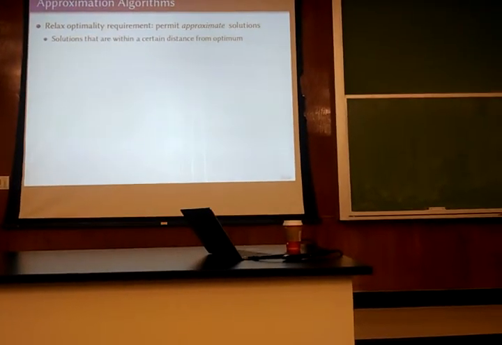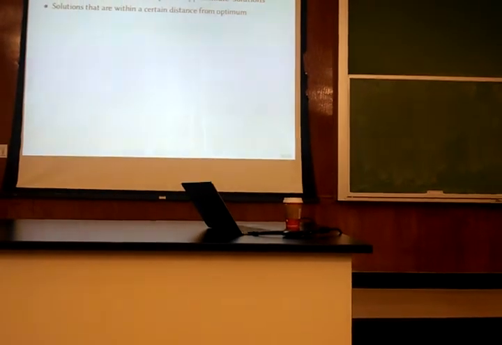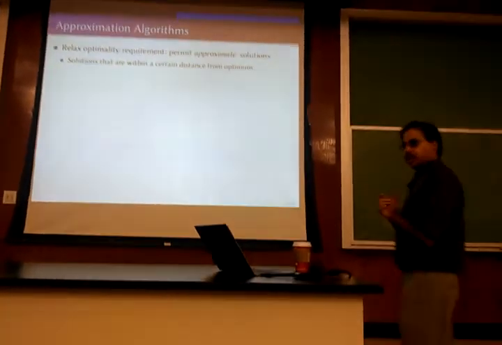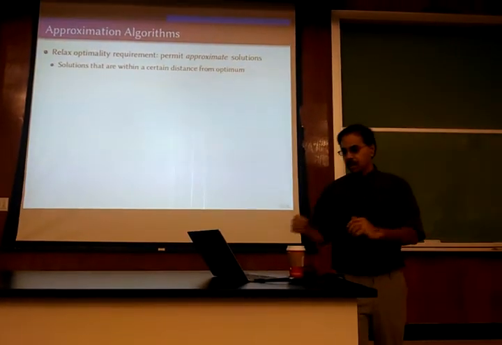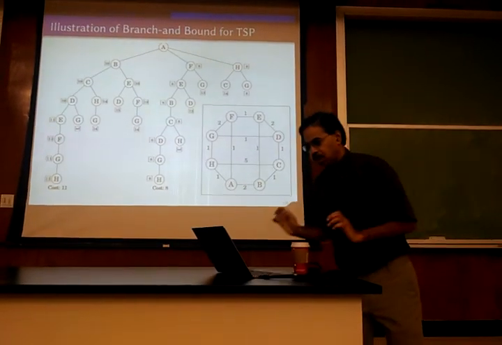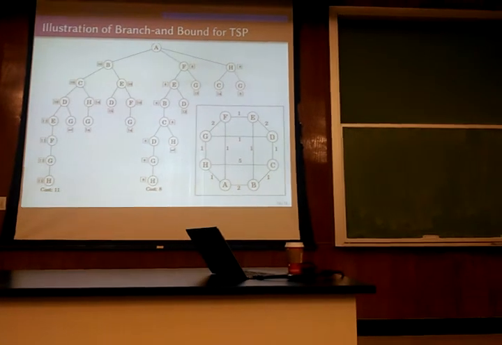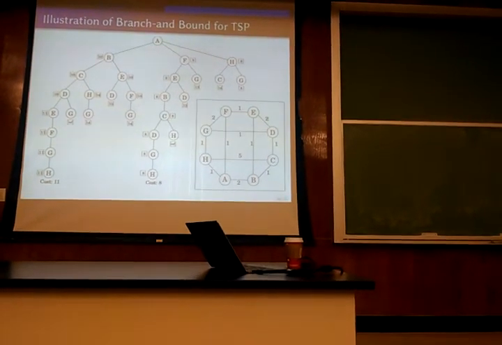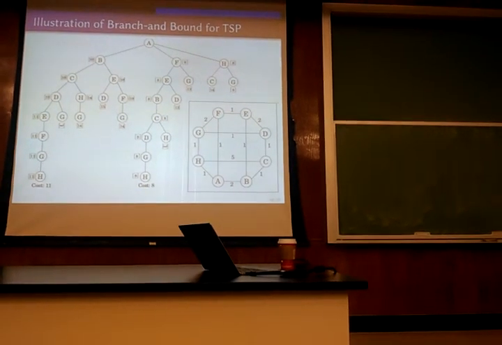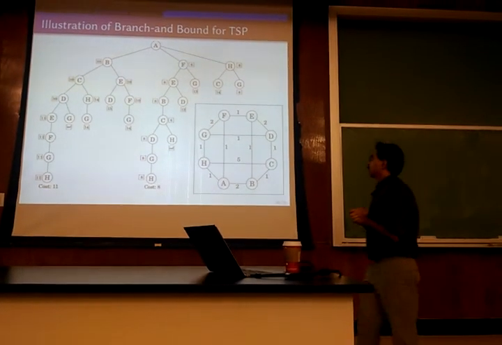Backtracking is a systematic way to explore, in a depth-first manner, the entire search space. And then we talked about ways to prune away parts of the search space. This technique is called branch and bound.